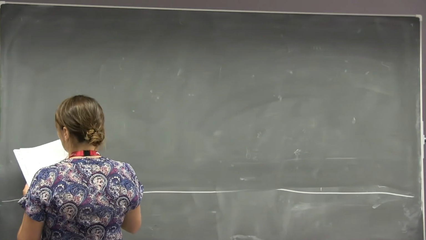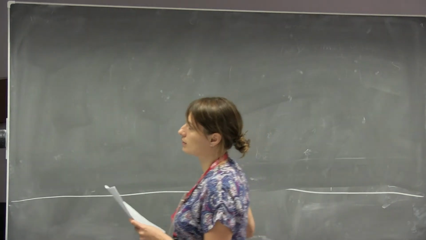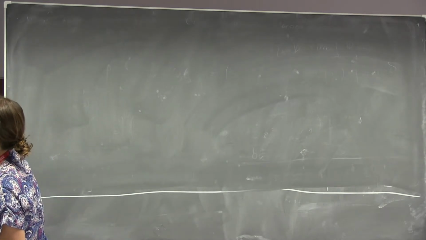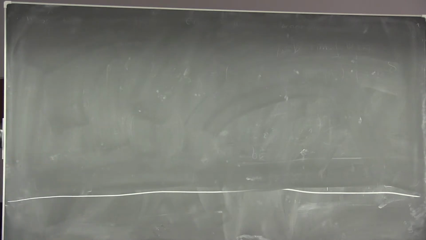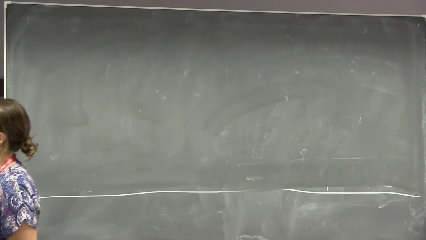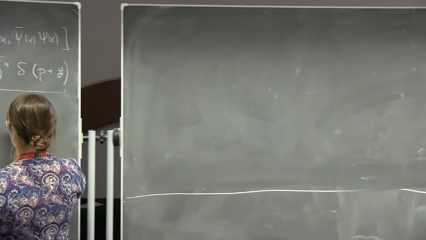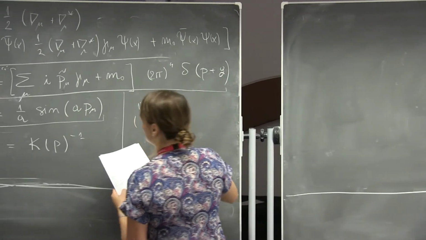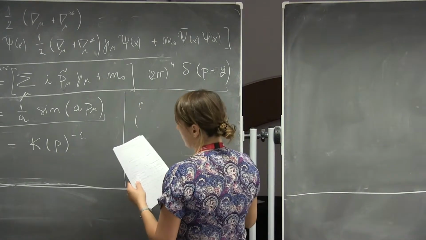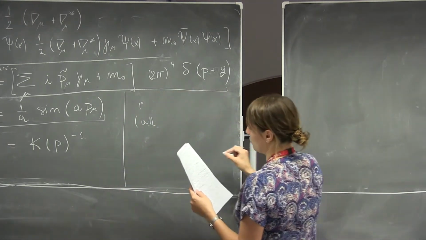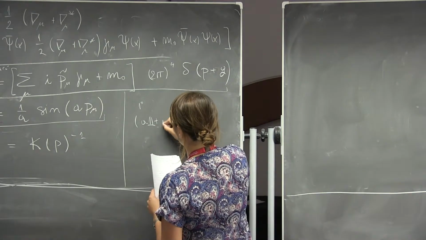Skipping again some rather simple manipulations which one needs to perform in order to obtain the inverse of the propagator, I'm going to give you some hints if you want to repeat this calculation on your own. There is a useful identity which holds for regular gamma matrices and can also be derived for the Euclidean gamma matrices.